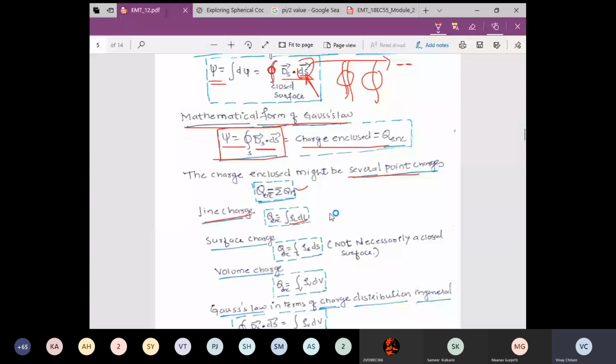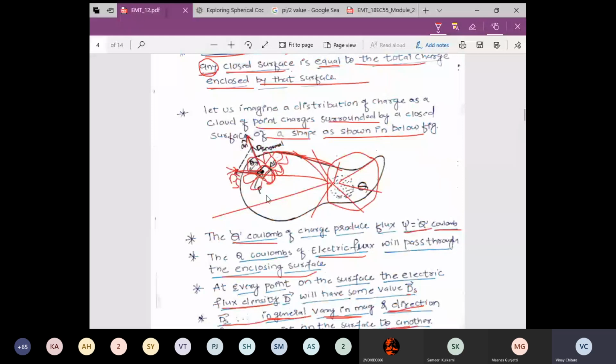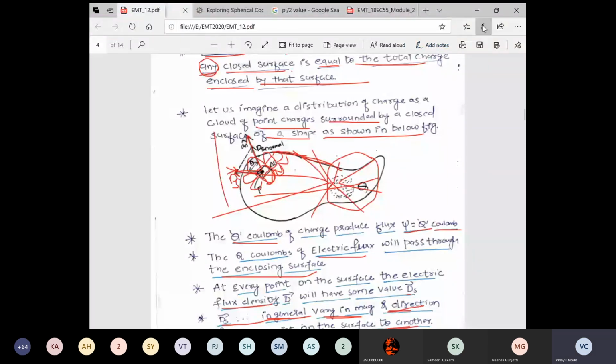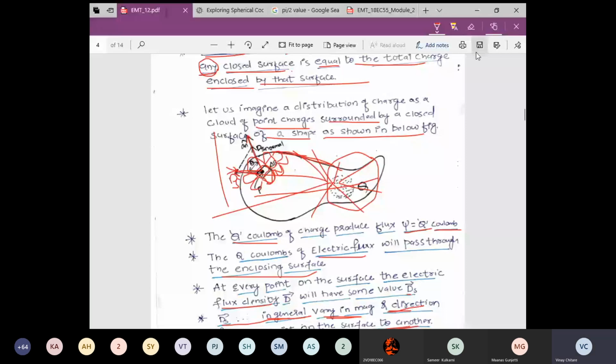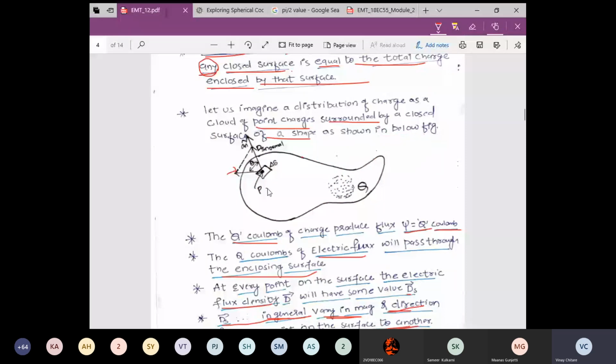Inside this surface, we can place a line charge, a point charge, a sum of point charges, or even a surface charge density.